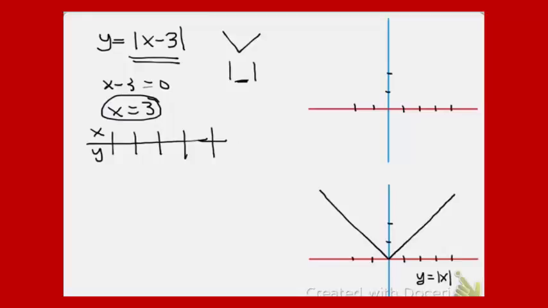Okay, so we learned x equals 3 and y equals 0. So you're just going to fill in the chart as if it was a number line with only positive numbers.